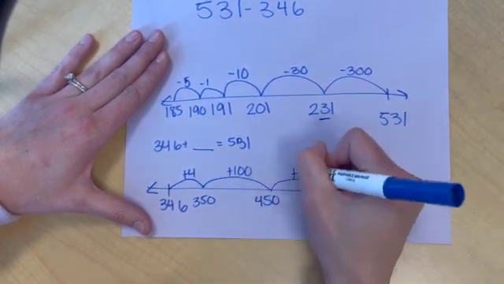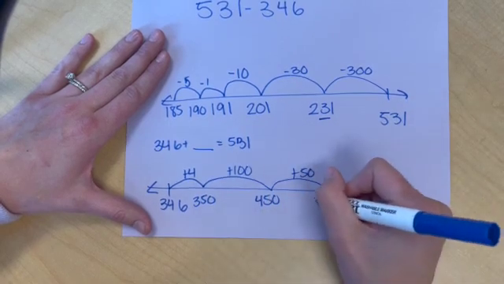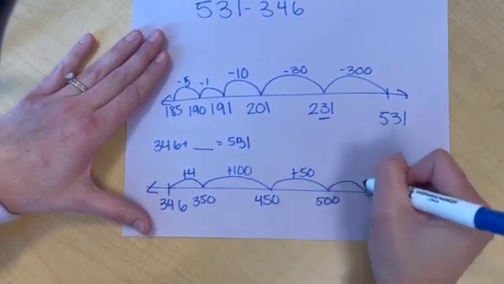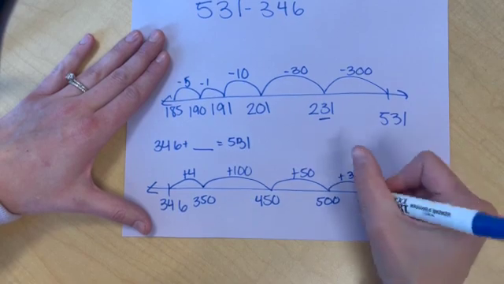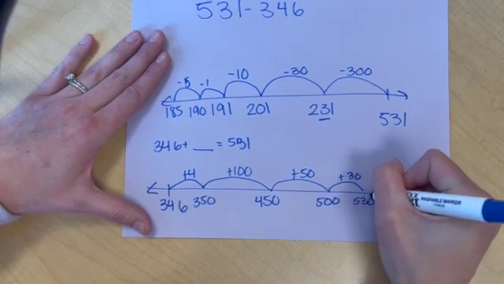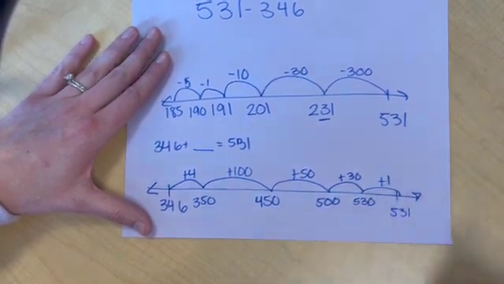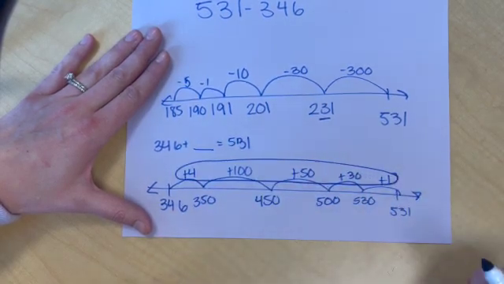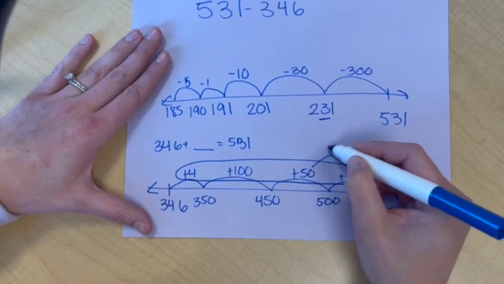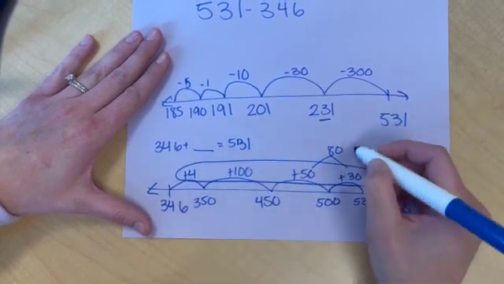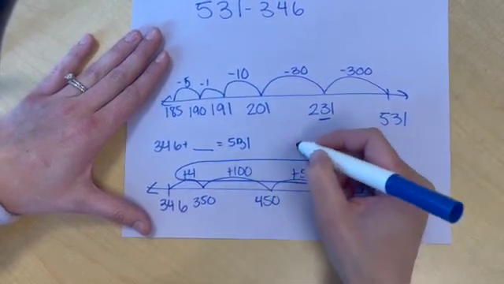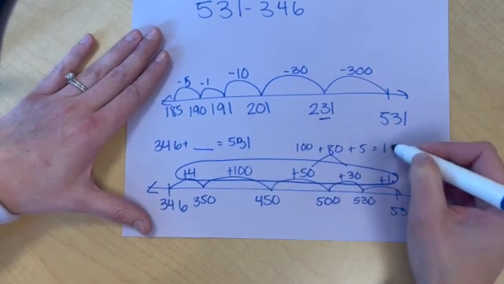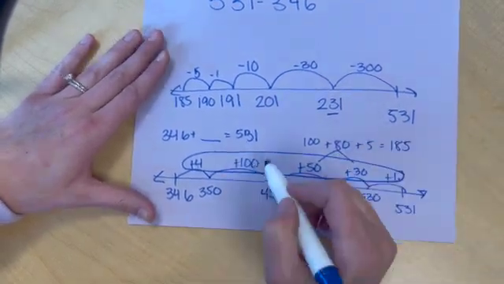And then I can add 50 to get to 500. And then I can add 30 to get to 530, and then I can add 1 to get to 531. Now your answer is here. So 50 plus 30 is 80, 4 plus 1 is 5, and then we have our 100 over here. So that is 185.